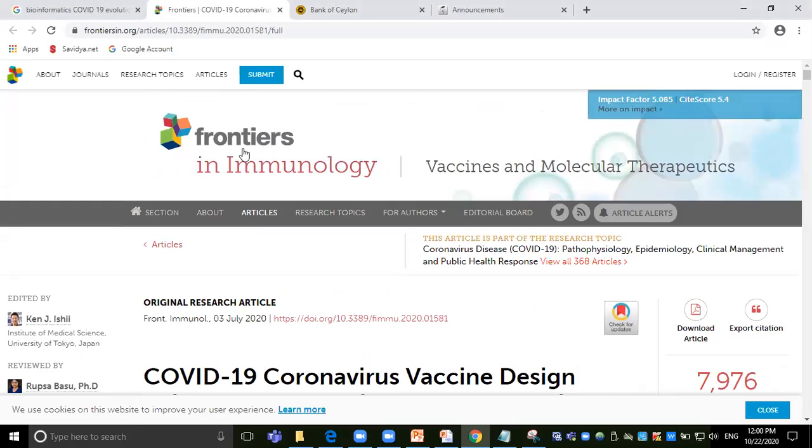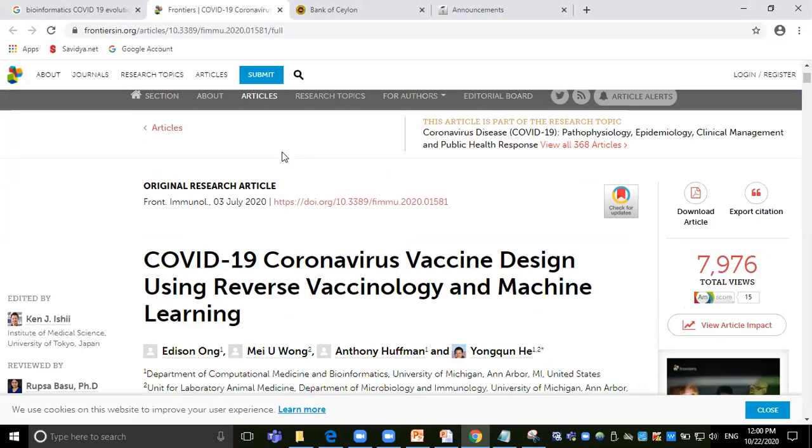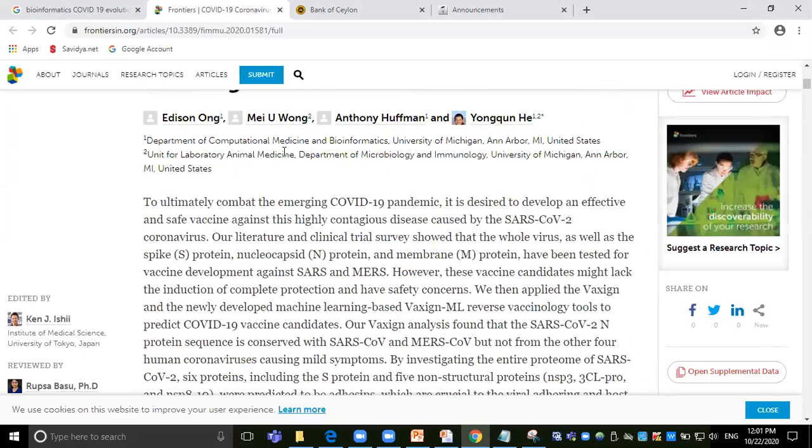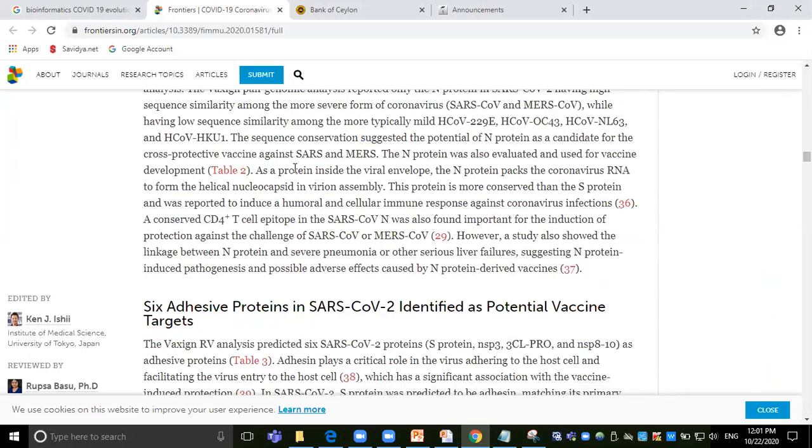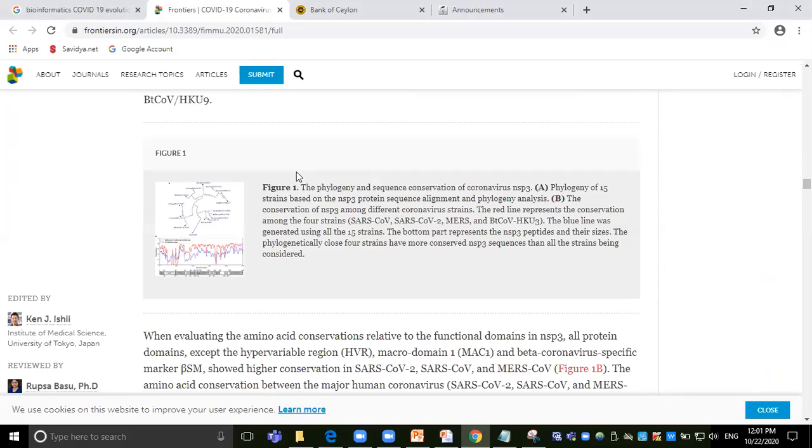It's Frontiers in Immunology, which has a very high impact factor. In this paper, I found this particular figure, which shows the phylogenetic relationships. What they have done is compare strains of this coronavirus.